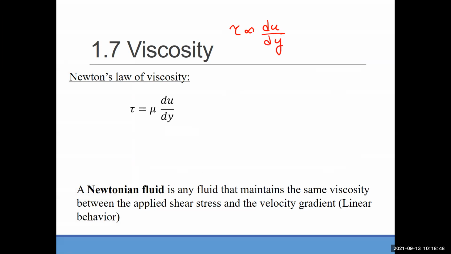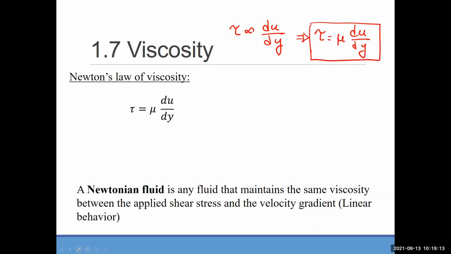With a proportional sign, we can identify the characteristics, but we can't quantify anything. So we need to remove the proportional sign. Using a constant, we get Newton's law of viscosity.